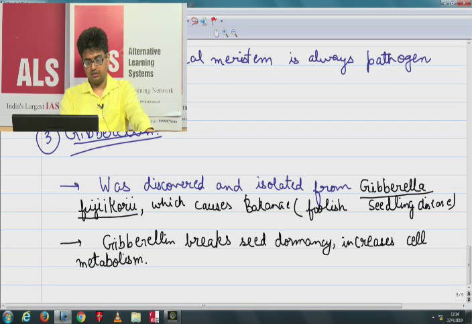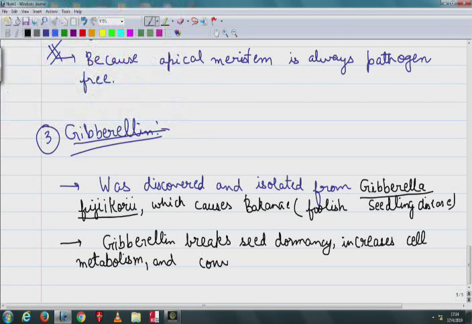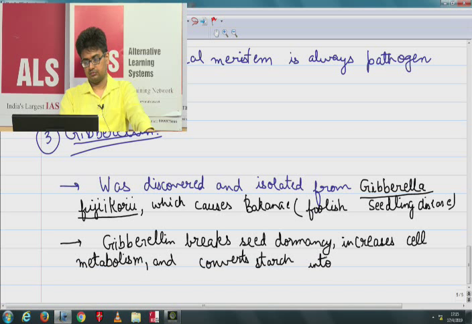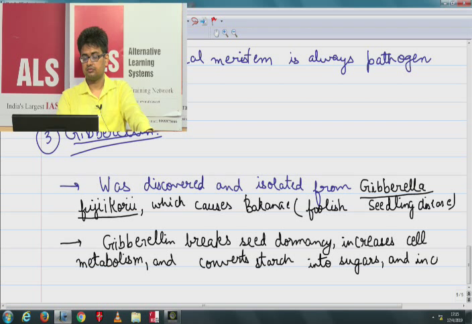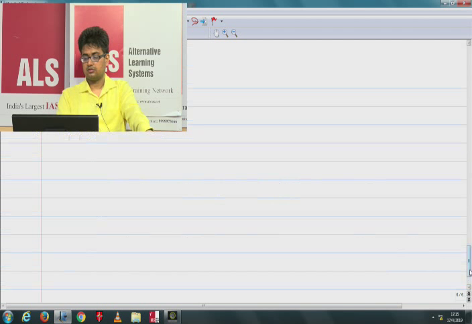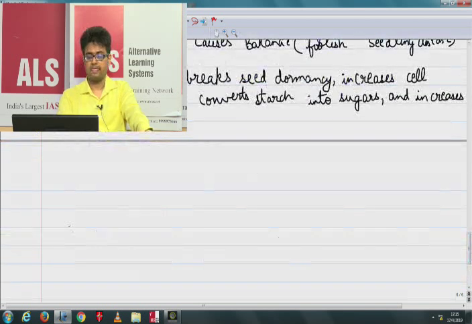Okay, and converts starch into sugars, and increases fruit size.